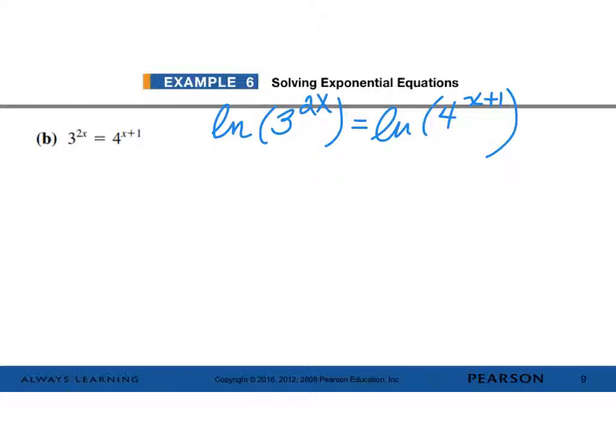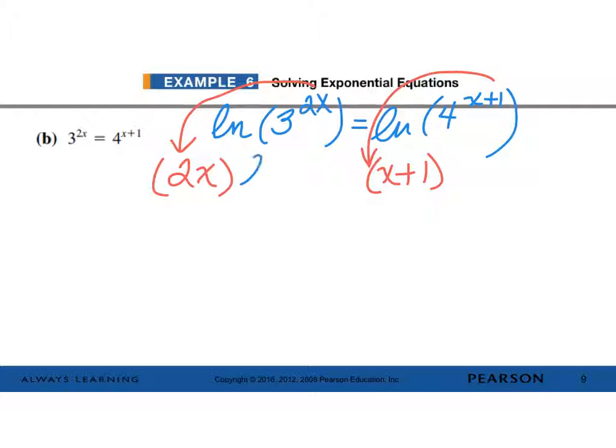And then we're going to use the same rule we used in the last case to bring the power down in front of the logarithm, so that what we have remaining is the natural log of 3 and the natural log of 4.